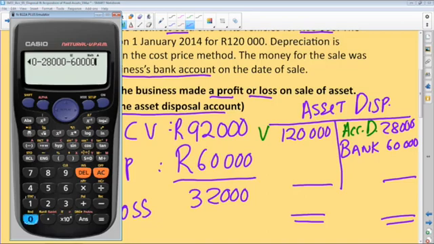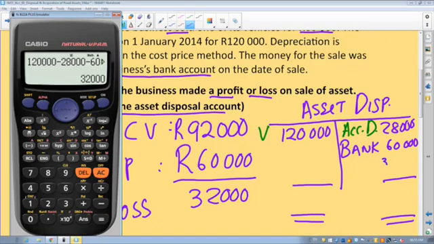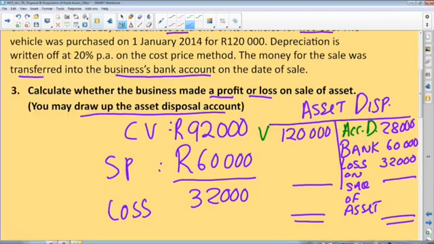So on the credit side, there should be an amount of 32,000. And remember, guys, this is my loss on sale of asset. Okay, and by recording the loss on sale of asset, remember the debit side will equal the credit side.